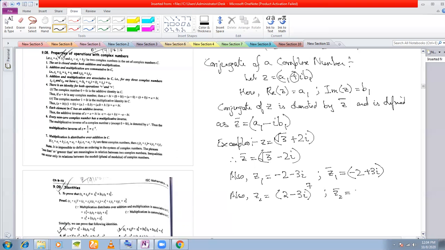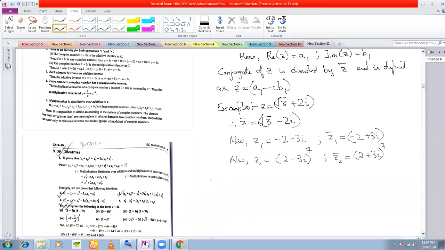The conjugate of this will be 2 plus 3i, change the sign of the imaginary part, and to the power of 7. Okay. So even if a power is there, you simply change the sign of the imaginary part, and you will get the conjugate of the complex number. Okay. Properties of conjugates I will do a little later. Let us first now do division of a complex number.